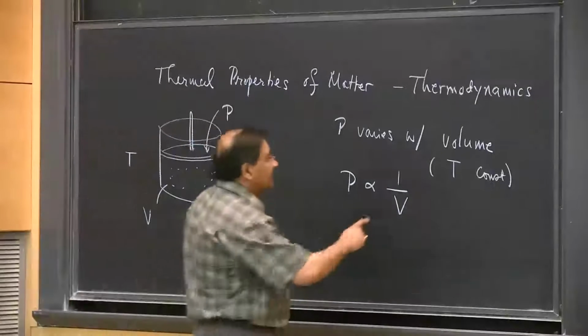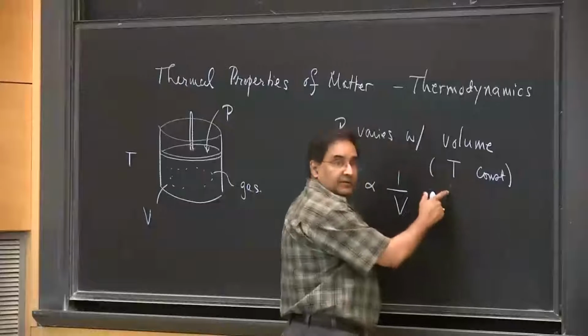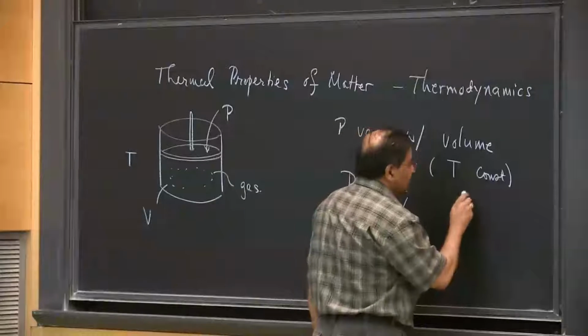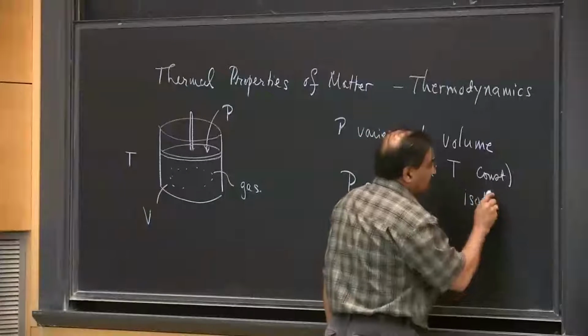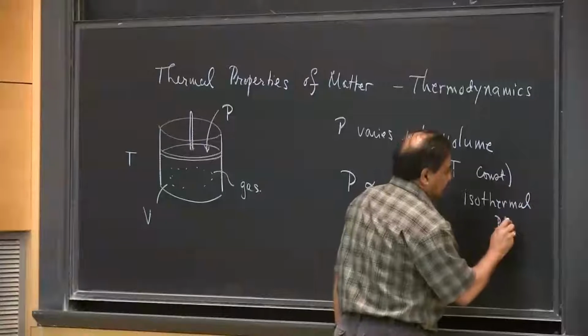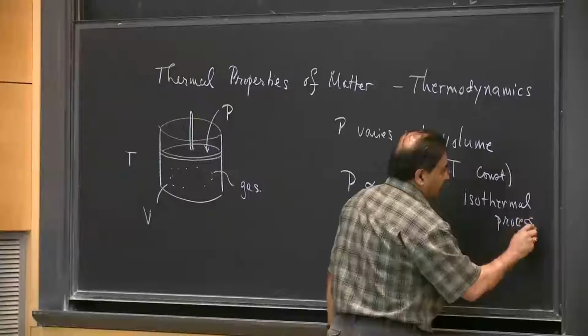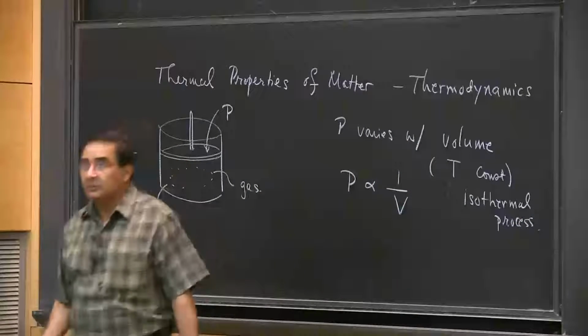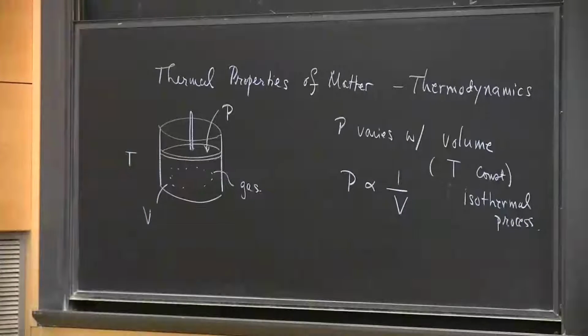Now, when you hold temperature constant, there is a name for it. Don't get nervous if you see the name. It's called an isothermal process. Just a name, but it's an important name regardless. An isothermal process means that there is no change in the thermal environment. The temperature is fixed, so pressure goes inversely as volume.